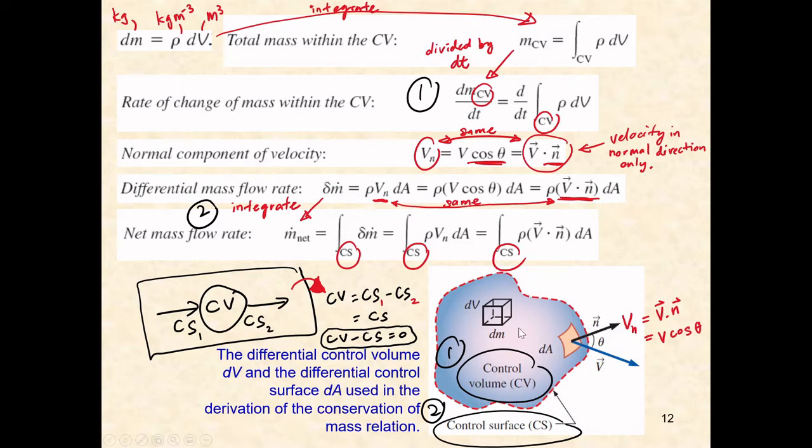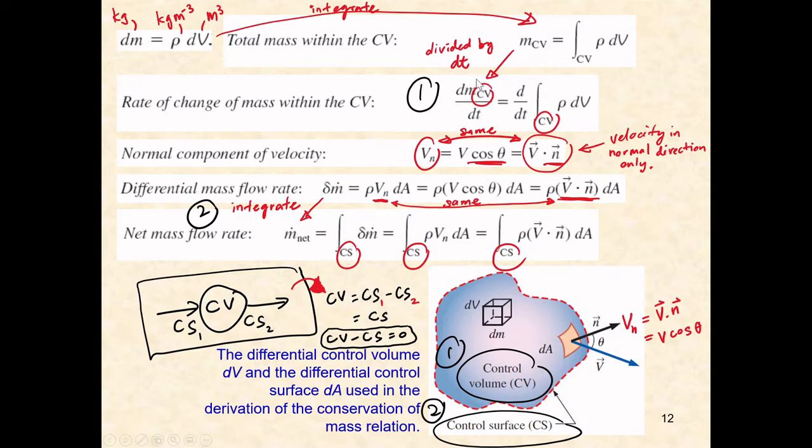We have a control volume, and substance entering and leaving the boundary. If it enters the boundary, it enters the control volume. If it leaves, it leaves the control volume through the control surface to the outside. If it's leaving, it will be losing; if it's entering, it will be gaining. That's why you have a change of the mass within the control volume with time.